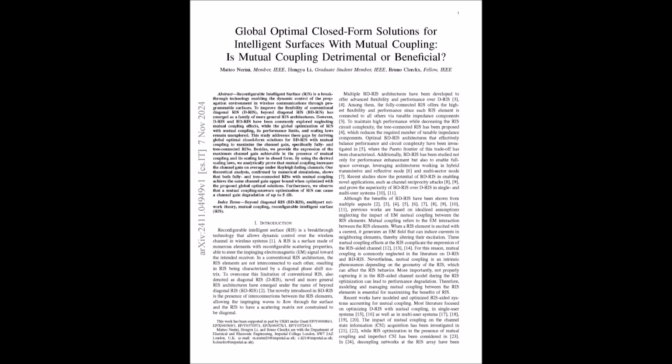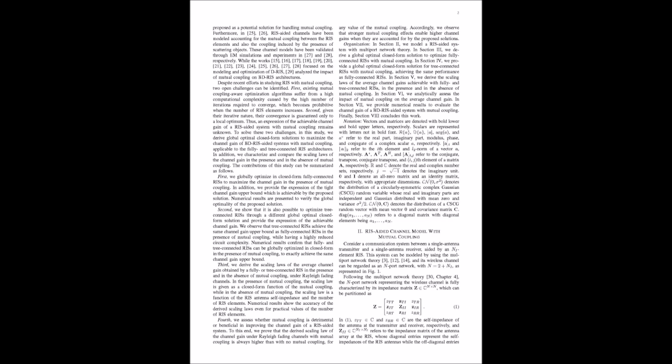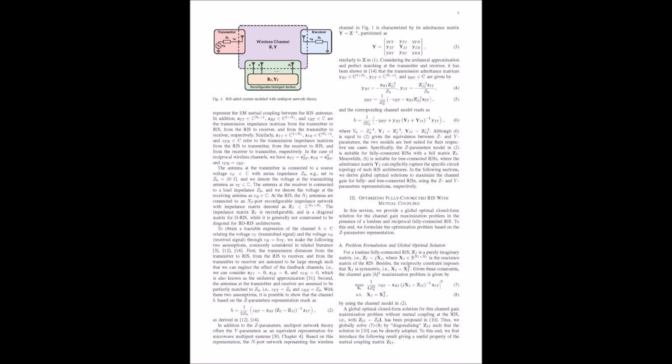And it's where the admittance matrix, or Y matrix, comes into play. Remember how we said it's better suited for analyzing systems with specific connection patterns? It's like using a specialized map to navigate a complex maze instead of a generic map that shows everything. So how do they use the Y matrix to tackle the optimization problem for the tree-connected RIS?